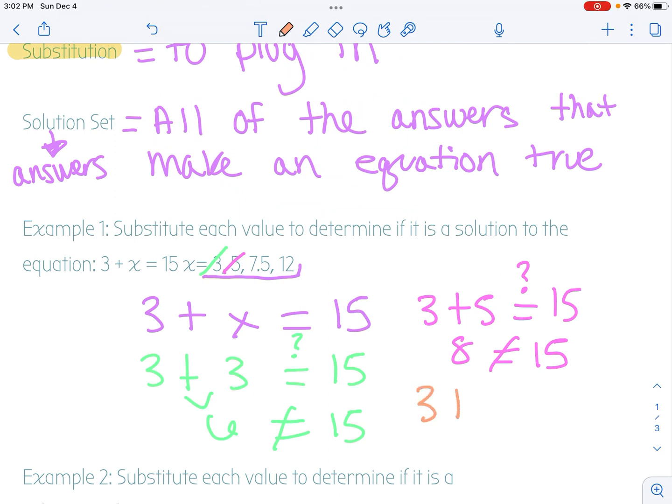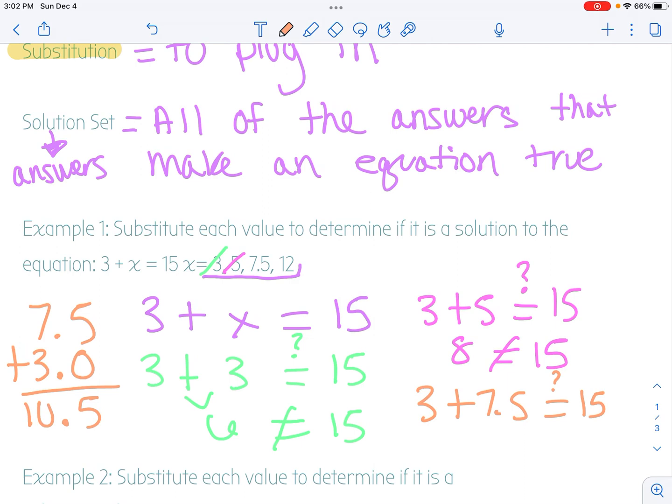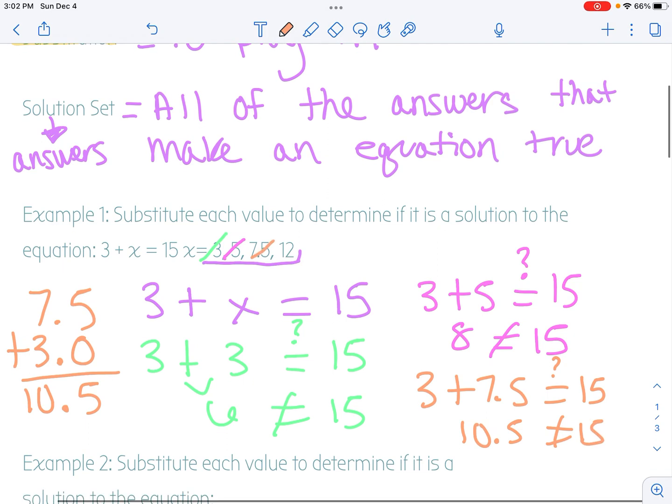So 3 plus 7.5. Does this equal 15? Whenever we have decimals, if you don't know it off the top of your head, you can stack up your numbers, write 3 as a decimal, which is 3.0, and then add and bring down your decimal. So 10.5. This does not equal 15, so 7.5 is not part of the solution set.